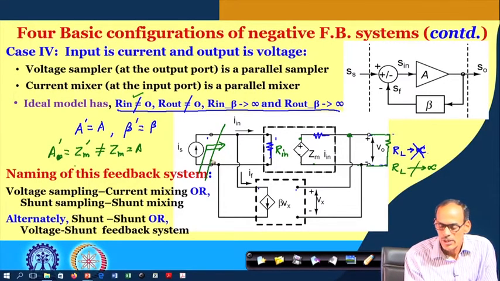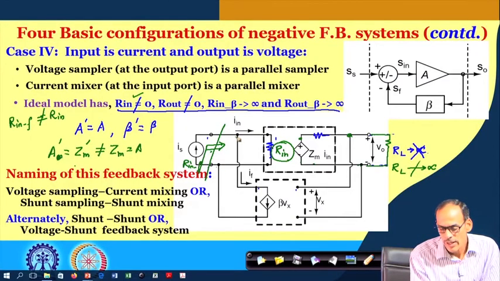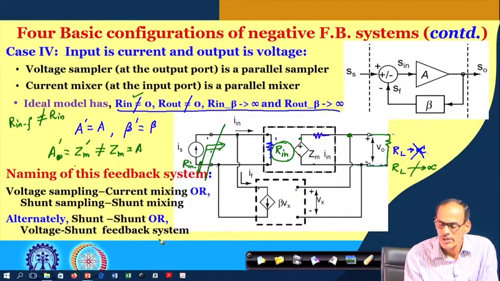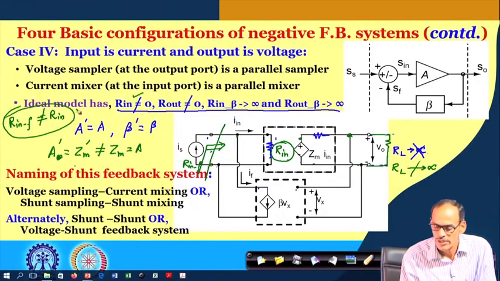In fact, I can call the input resistance of the feedback system R in F. So, R in F is not the same as R in, because we have another path, a parallel active path. So, we need to find the corresponding relationship.